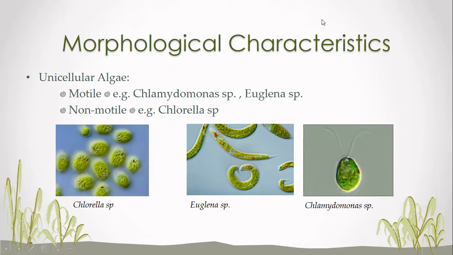In terms of unicellular algae, some are motile, some are non-motile. Examples: Chlamydomonas and Euglena are motile. In the non-motile group you have Chlorella.